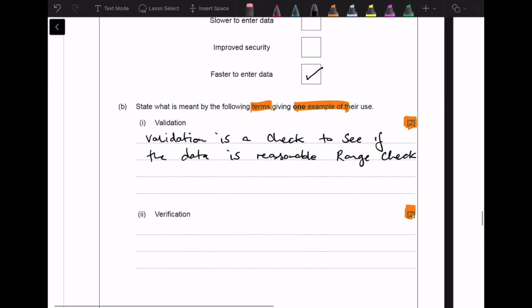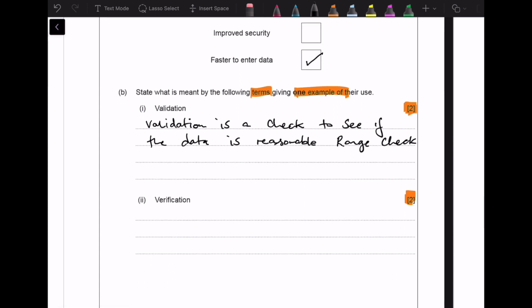Now, the other one then, verification, is checking that data matches. So verification checks to see if data matches the source.